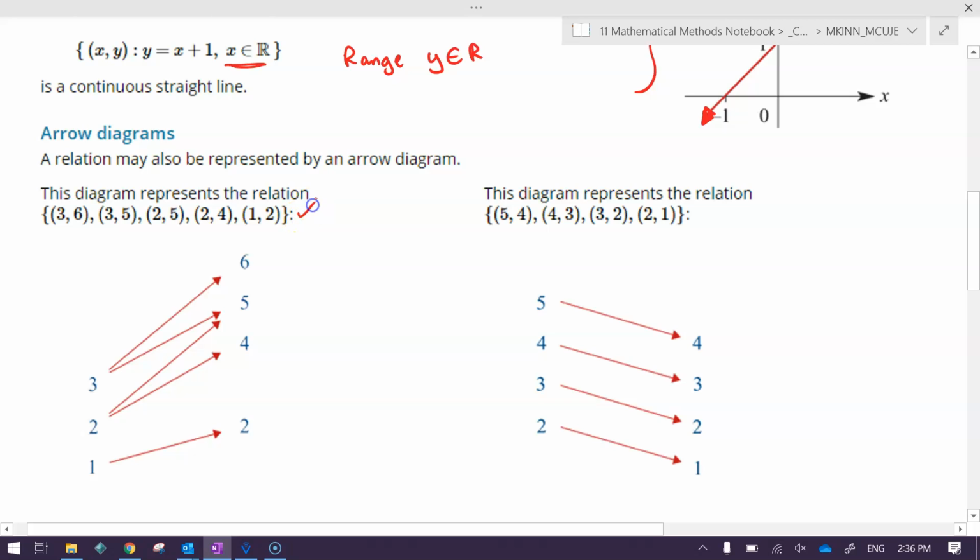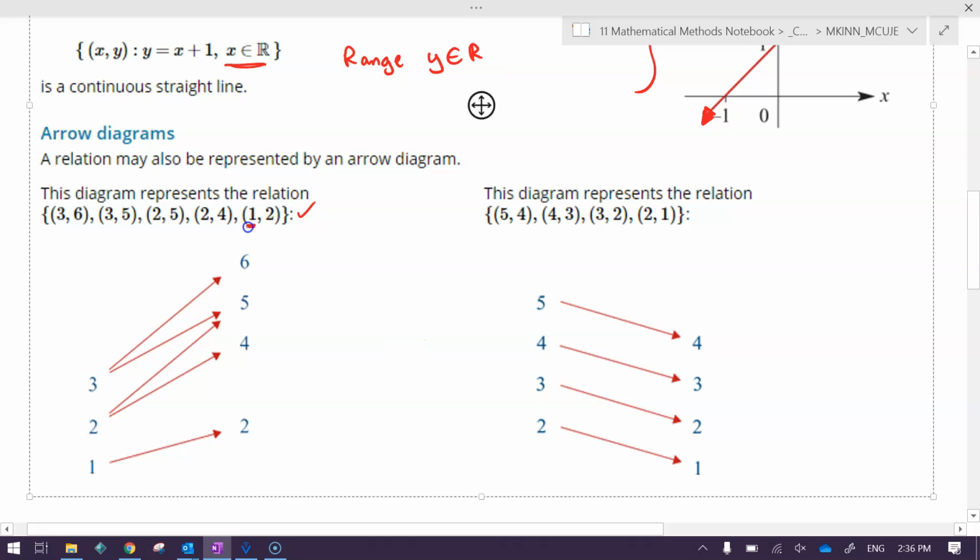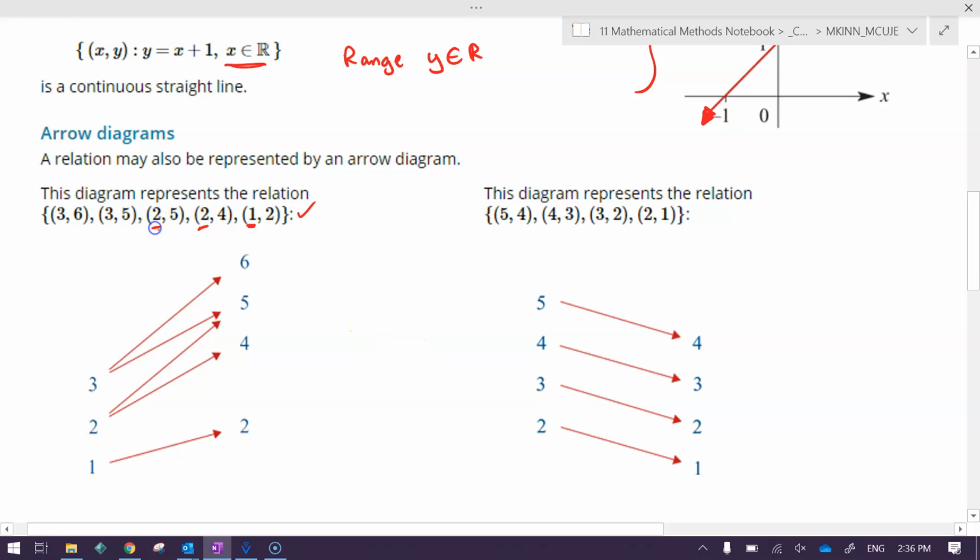We understand how a set of ordered pairs work. What possible values are in my domain? A 1, a 2, or a 3. So my domain on the left there consists of just the values 1, 2, and 3. If I start with a 1, what value does the relation go to?